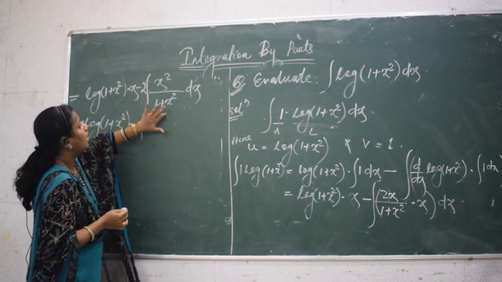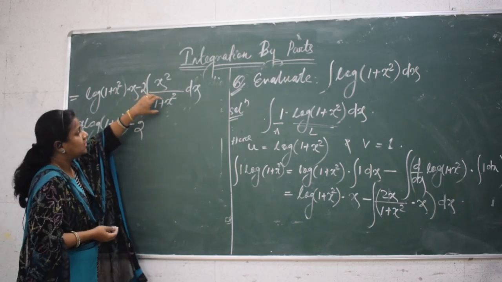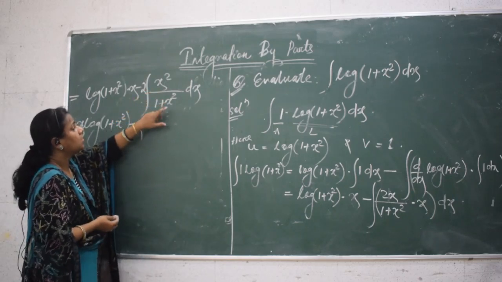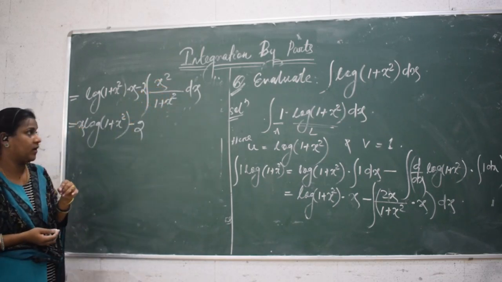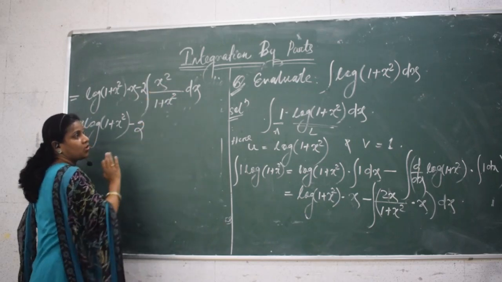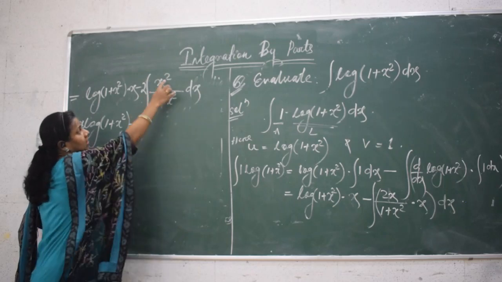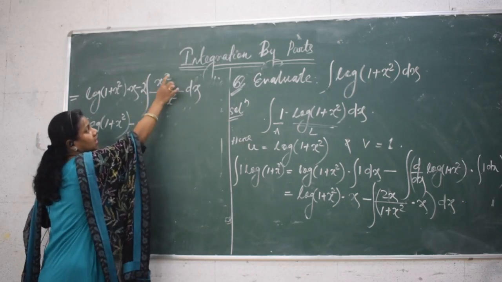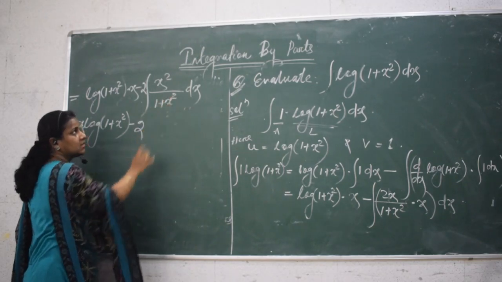So here how to do the integration? One formula you know: if the derivative of the denominator is present in the numerator, then it is ln f of x. But here the derivative of the denominator is not x square, so you cannot apply that formula. So what will we do here? Here you see that the degree of x in the numerator is 2, and in the denominator also the degree is 2.